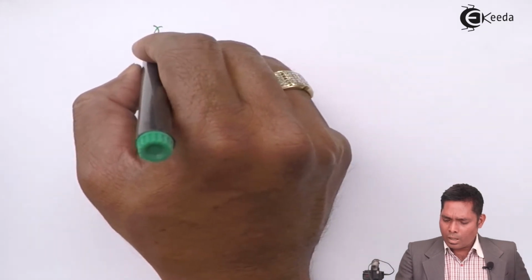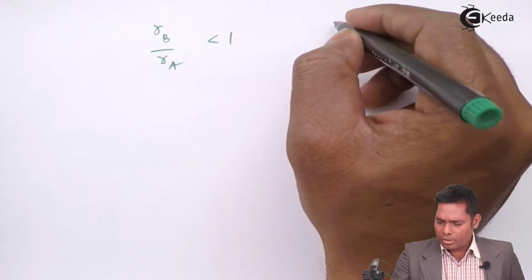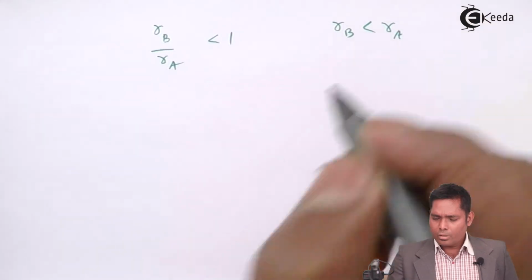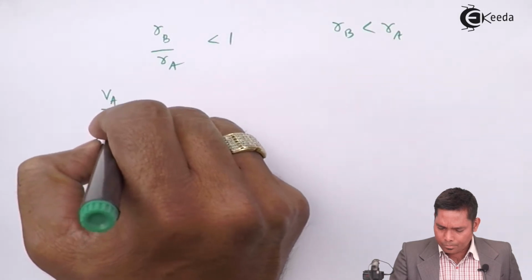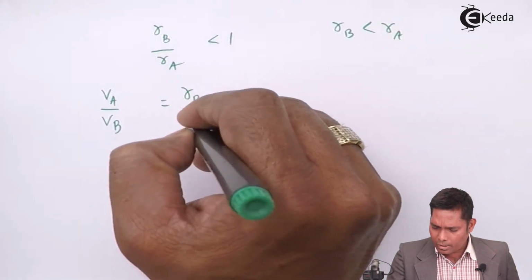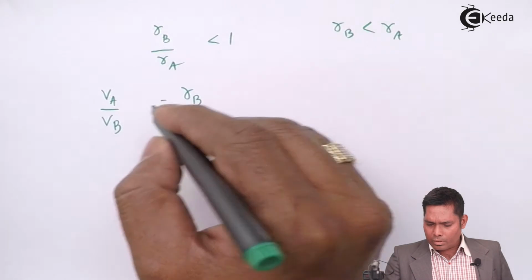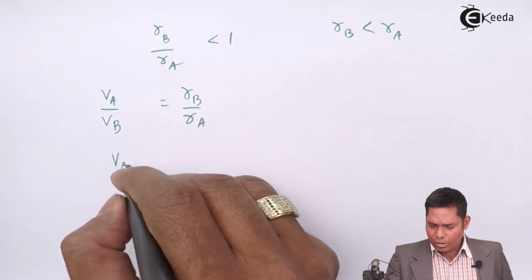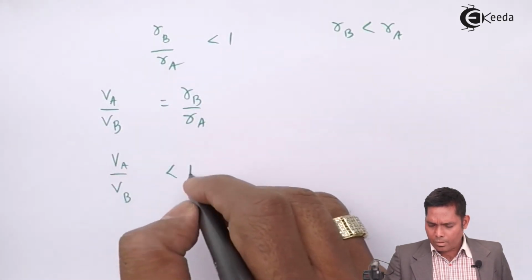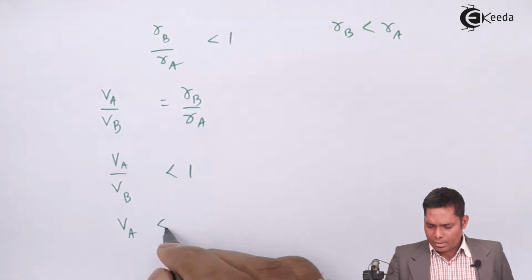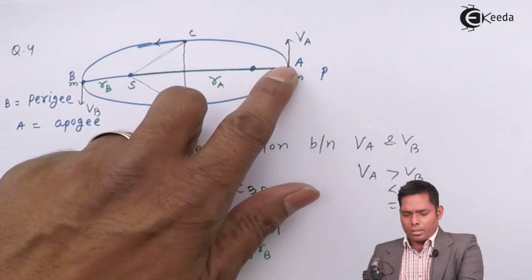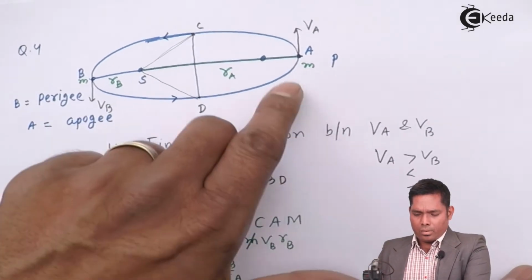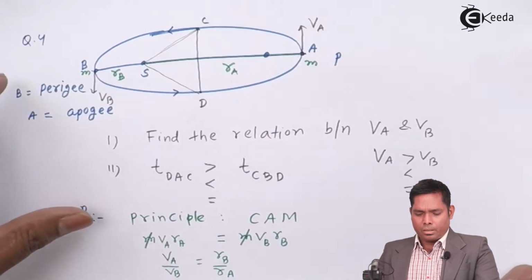So the ratio VA over VB, which is RB over RA, is less than 1. That means VA is less than VB. That means the speed at apogee is less than the speed at perigee.